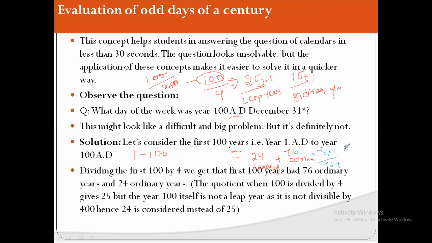Plus 24 into 2, because a leap year has 2 odd days. So 24 into 2 is 48. The total number of odd days in this 100 years is 76 plus 48, which is 124.